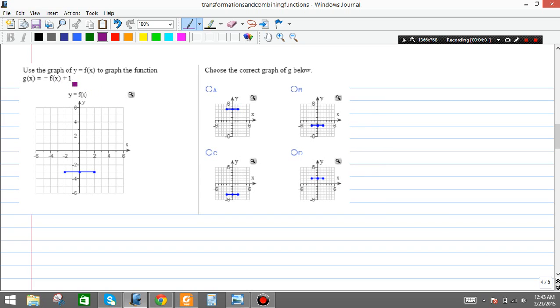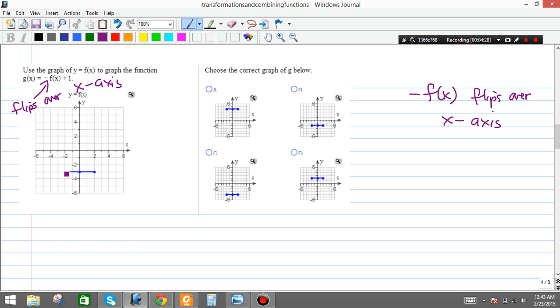Minus f of x plus 1: the minus sign in front flips over the x-axis. So if I have minus f of x, it flips over the x-axis. I then have a plus 1, so I'm going to flip this over the x-axis and then move it up 1.